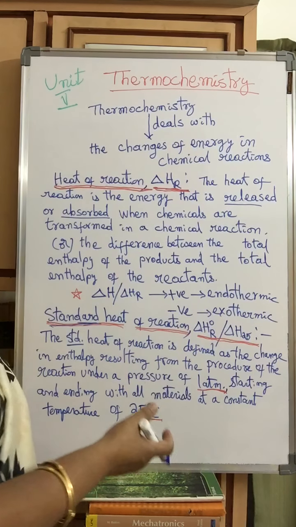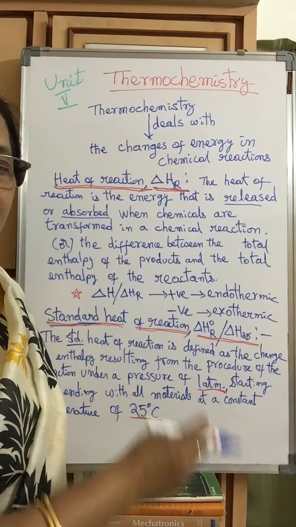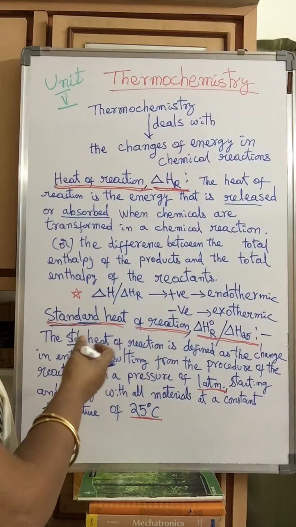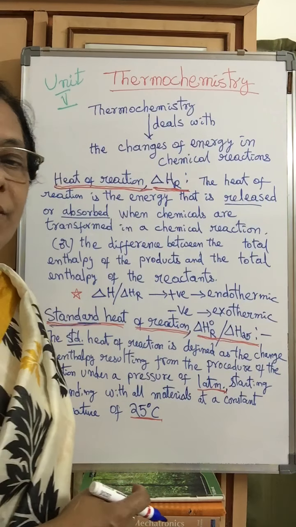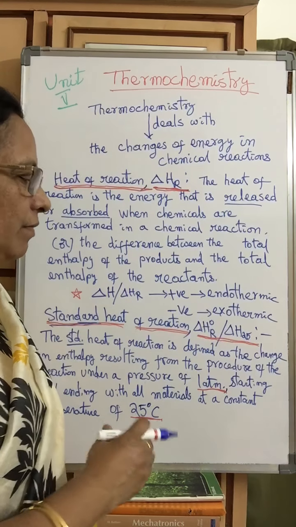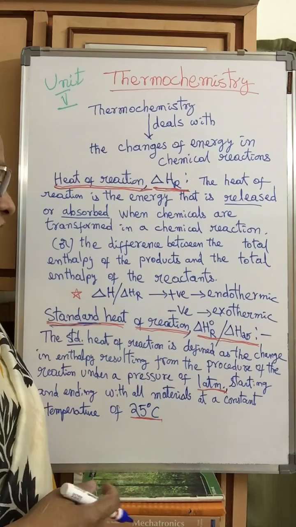Actually, all these terms you have studied in lower classes. Heat of formation, heat of combustion, standard heat of formation, standard heat of combustion, standard heat of reaction, Hess's law of constant heat summation. All these terms you have studied in lower classes. Here we are revising once, and then we will go to the actual problem.